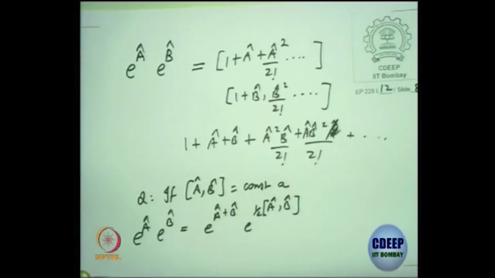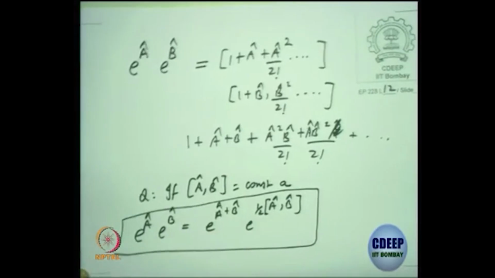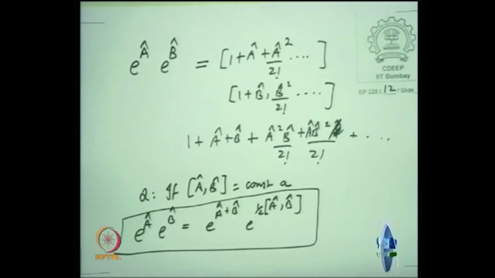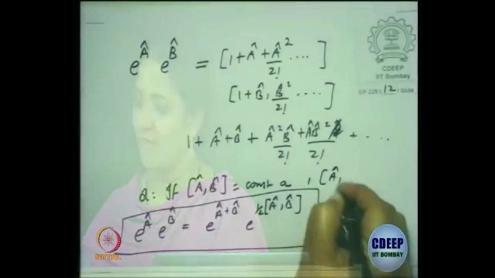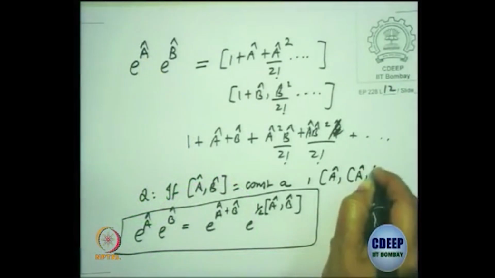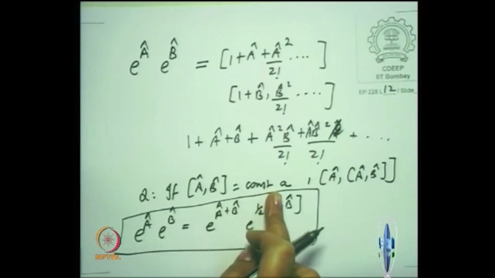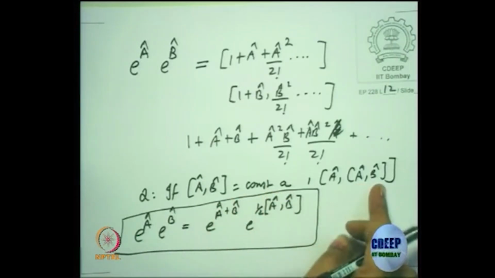Do this expansion and check this out. I use this assumption that the commutator of a with b is a constant. What does that mean? This means that if I take the commutator of a with the commutator of a and b, what will that be? If the commutator is a constant, this will be 0.